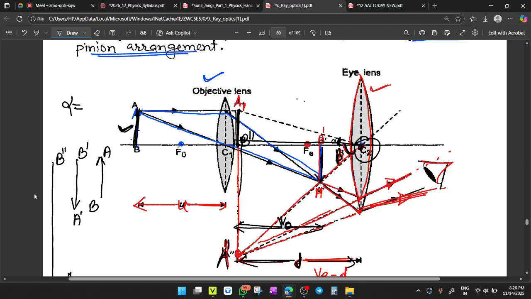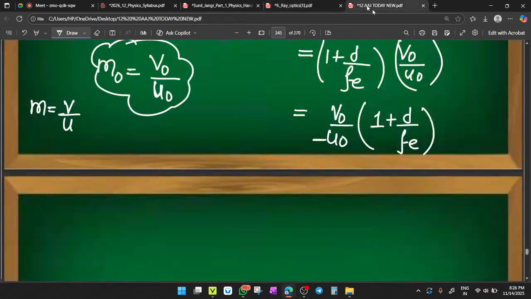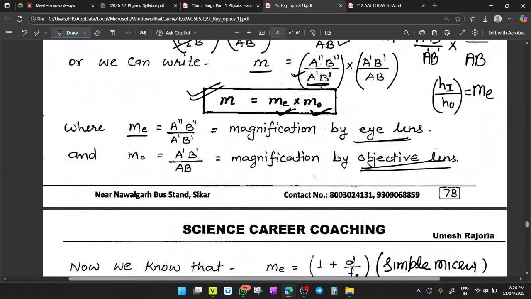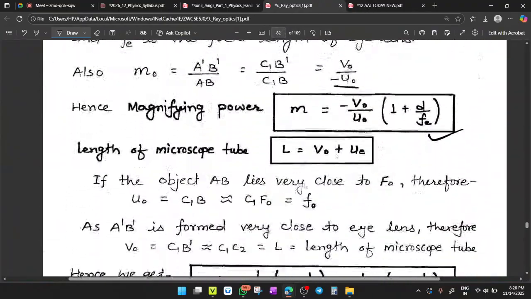Yes or no? And this is said to be UE, because this distance is the distance of the object from the eyepiece. So the length becomes VO plus UE. Yes or no? So the length of the microscopic tube becomes VO plus UE. Clear?